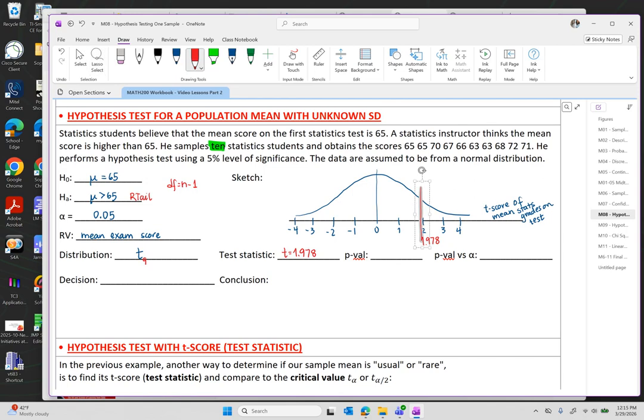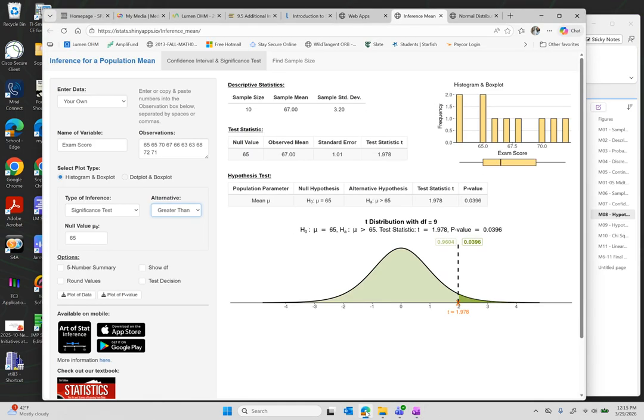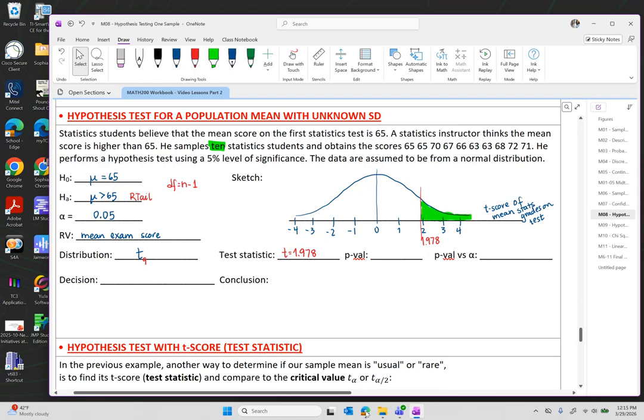And the p-value, which is this area to the right of my test statistic of 1.978, comes out to be 0.0396, almost 4%. So the p-value is 0.0396.